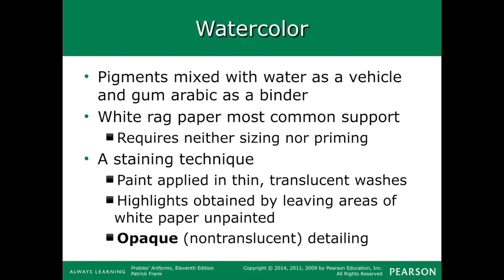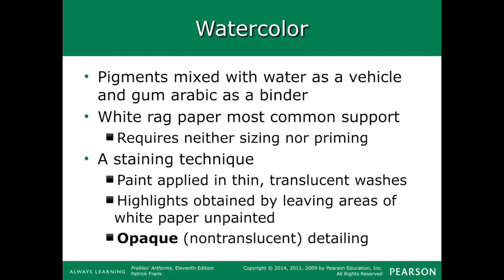So for watercolor, not too many artists use white, or they don't really use too many colors to lighten up areas. They actually try to leave spots on the surface open for those highlights to occur. You'll see this term used a lot when it comes to describing paint: opaque. Opaque is when the color is non-translucent.